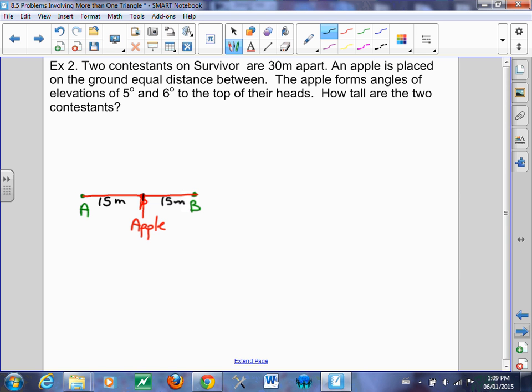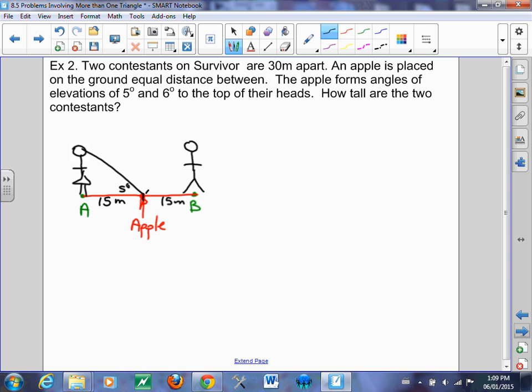And then it says the apple forms the angles of elevation of 5 degrees to the top of and 6 degrees to the top of their heads. So we can just pretend here's contestant A. We'll make her a girl. Since it was said respectively, we'll do 5 degrees first. And then contestant B, we'll make him a man.